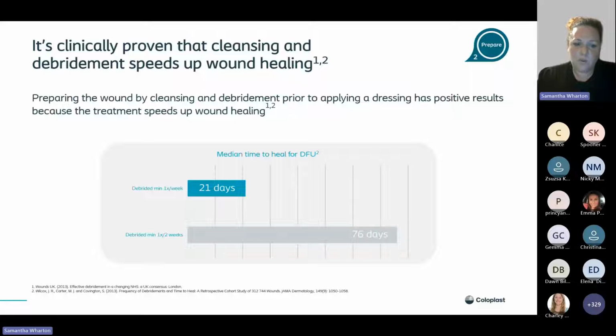But if it was only debrided once every 2 weeks, the mean average for that diabetic foot ulcer to heal was actually 76 days. So you can see that's a vastly longer time to heal compared to once a week. Again, it's just reiterating and evidencing what we know, which is that if we cleanse and debride those wounds regularly, the wounds will heal quicker.